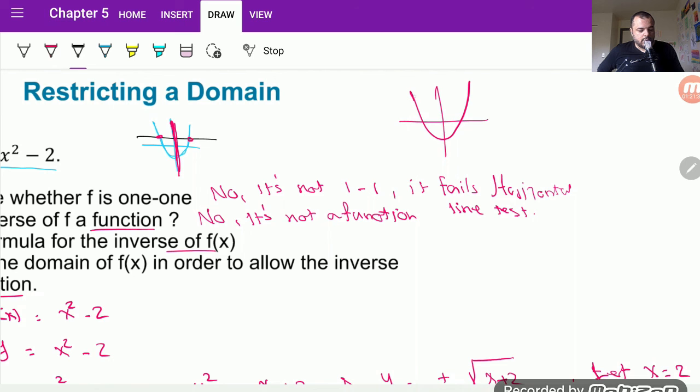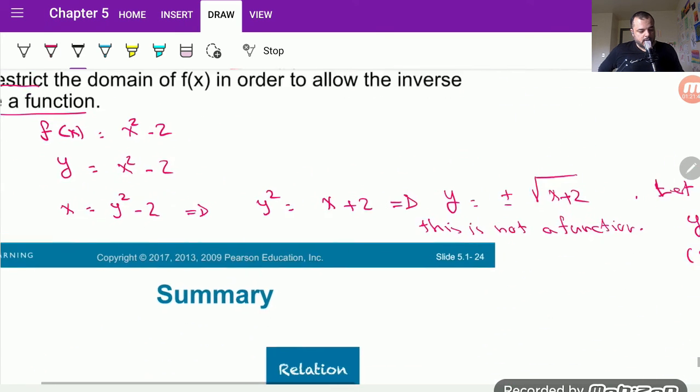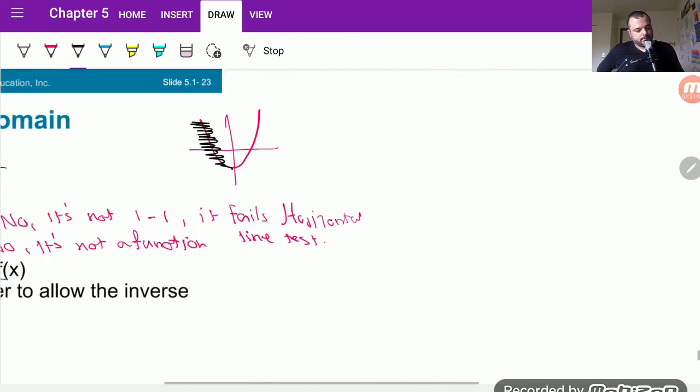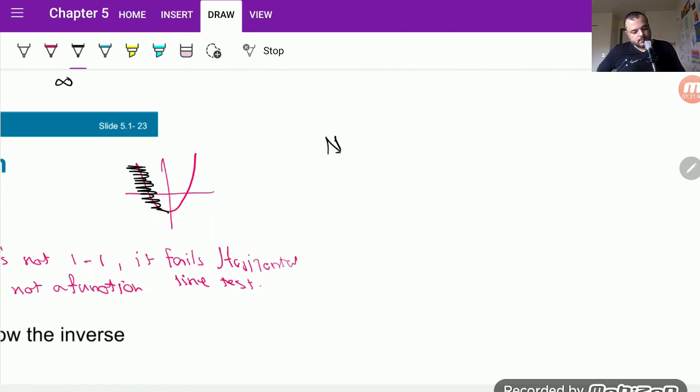So I don't want this to be part of the domain, because now the domain of f is from where? Negative infinity to infinity. And this is a polynomial, we know this.